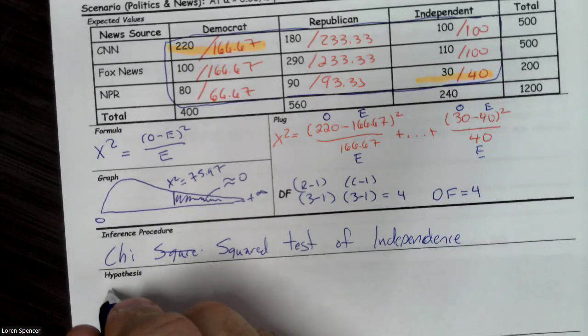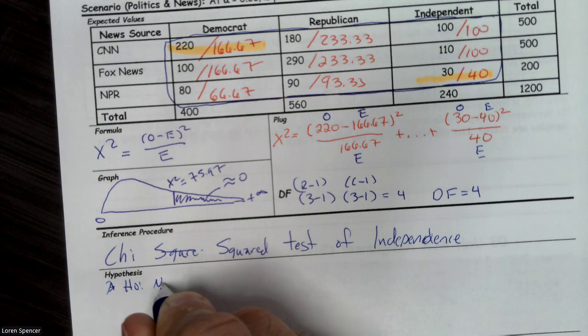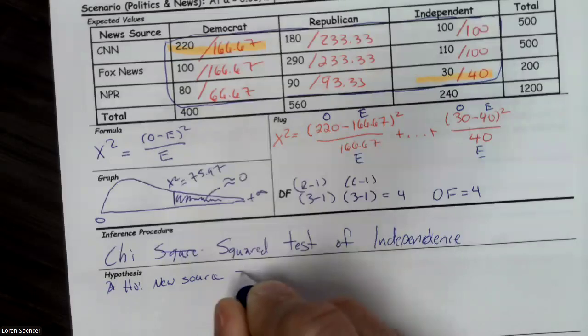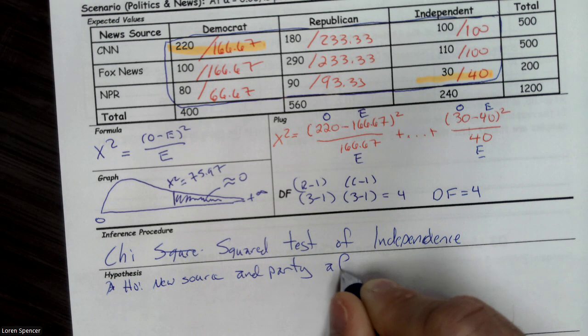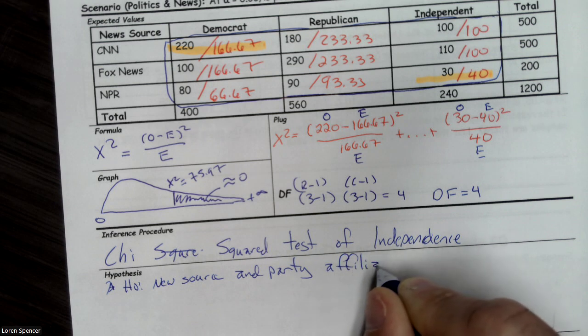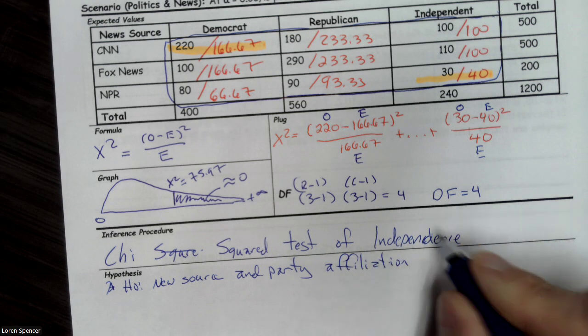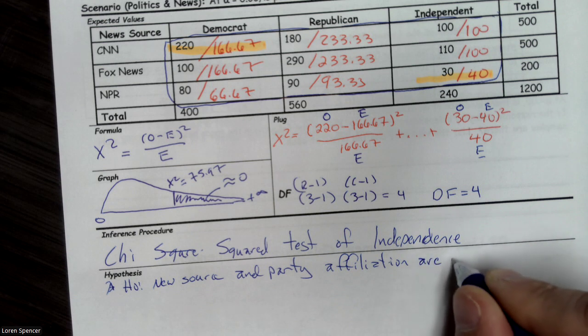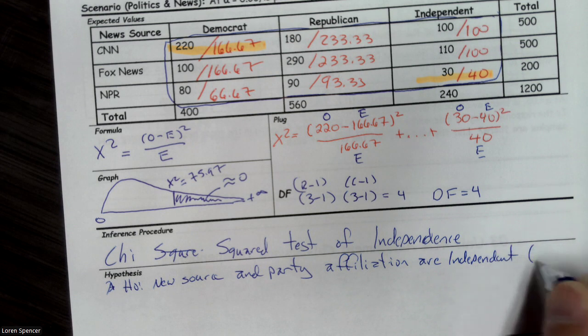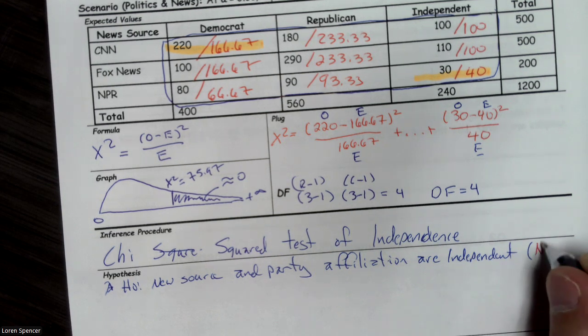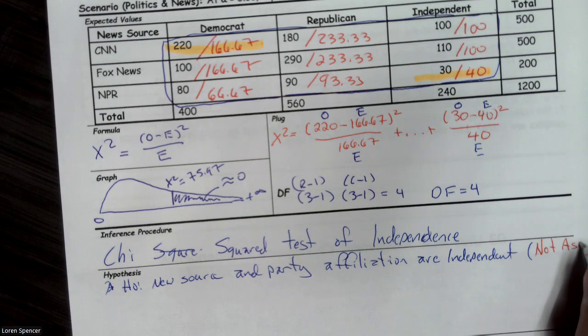So my hypothesis is H0, news source and party affiliation are independent, which means they're not associated.